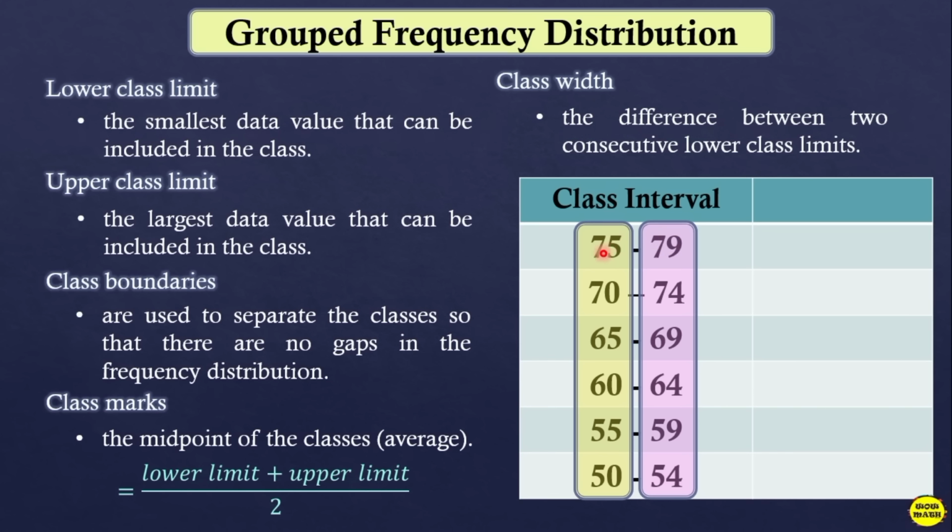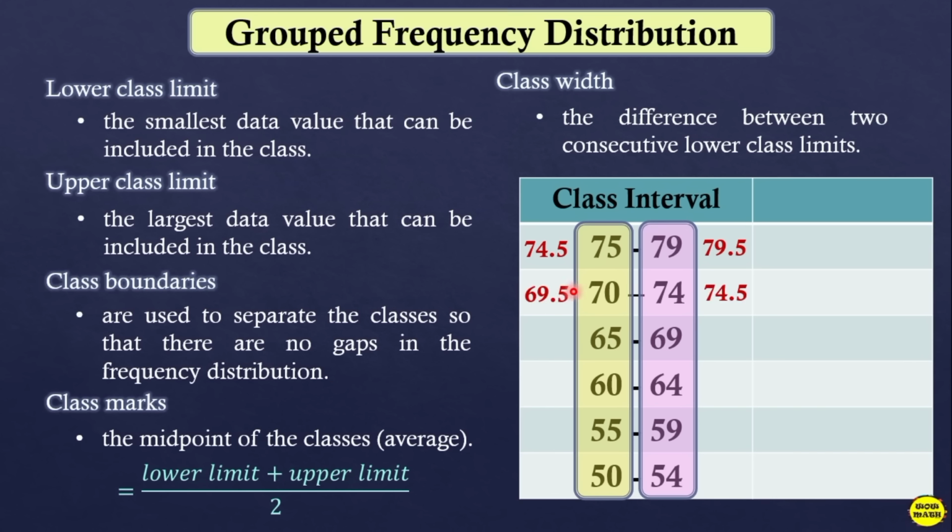Kaya dito, this will become 74.5. And then ito, 79.5. So as you can see, para makuha natin yung class boundaries, you just have to subtract 0.5 here, and then add 0.5 naman dito sa right side natin, dun sa upper class limit. Okay? Ganun din po yung gagawin natin sa iba.